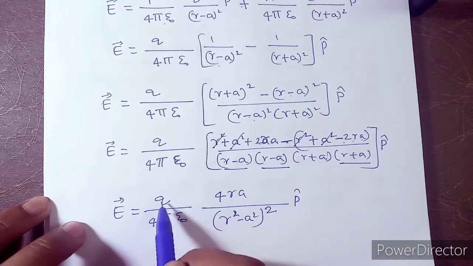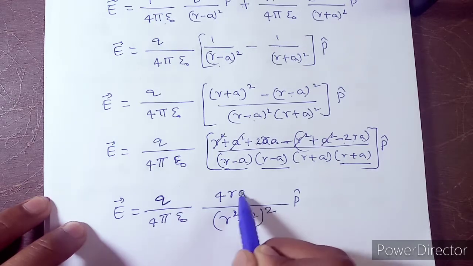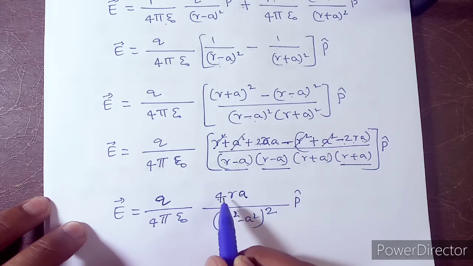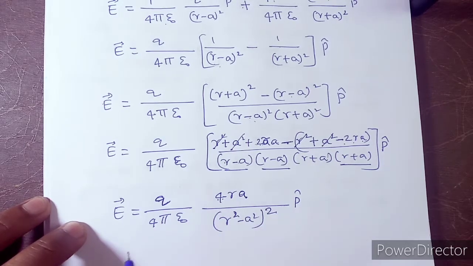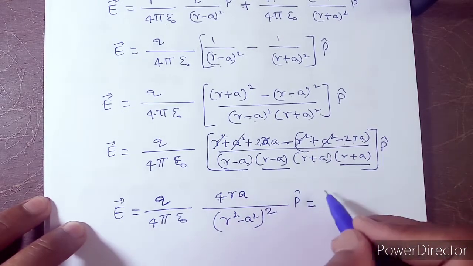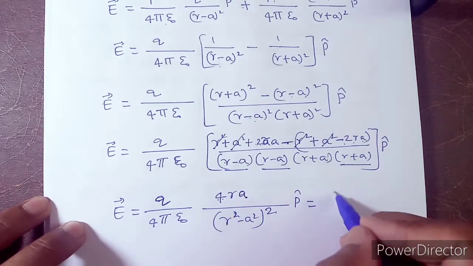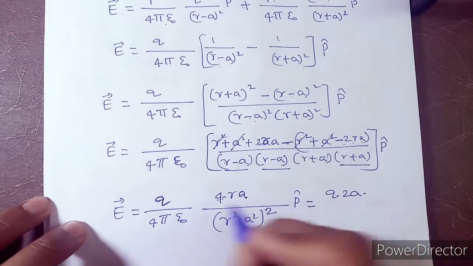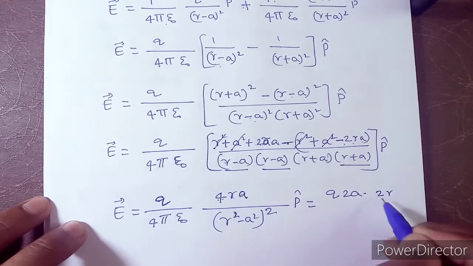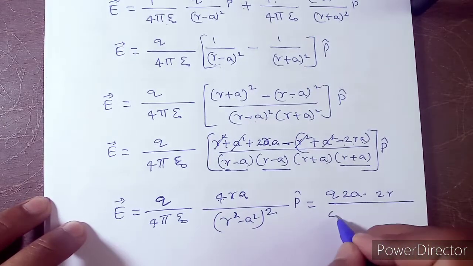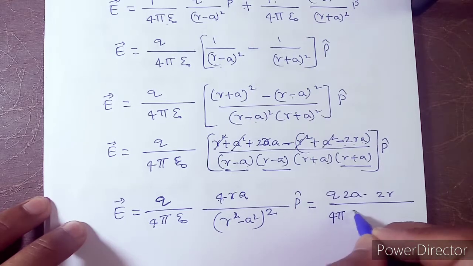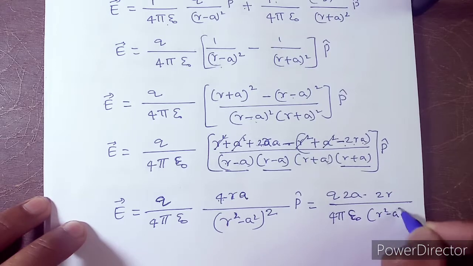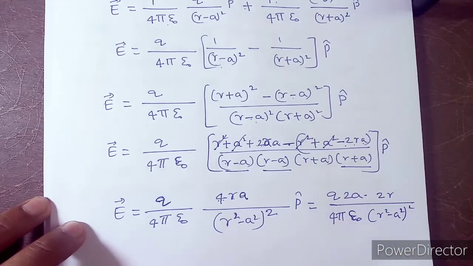Look at this, we have Q here, A here. This can be written like this: Q into 2 into 2 into R into A. Why? I will tell you why. So here I will separate this Q. Here I will take 2 out into A into 2R as it is, divided by 4 pi epsilon naught (R square minus A square) whole square.